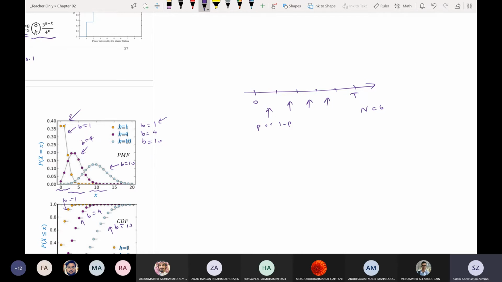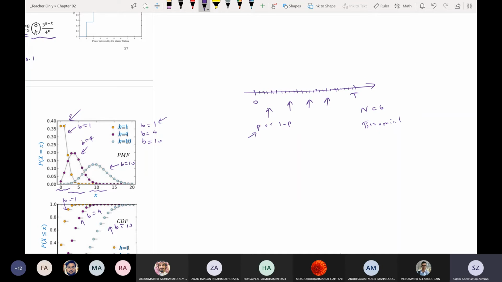Now I can calculate everything here using binomial. However, this is very limiting because in many cases you don't really have a specific division of the time. So what happens if I zoom in more? If I divide the time much finer, instead of each one being 1 second, I go to the millisecond, to the microsecond.